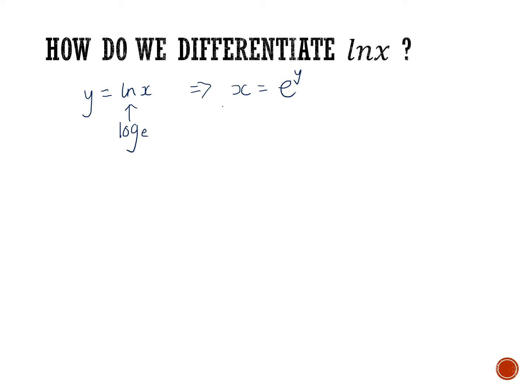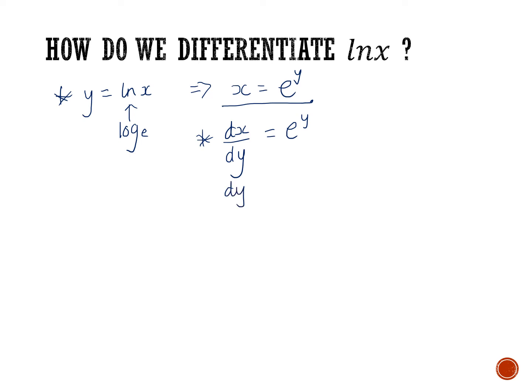Now I can differentiate this, because it's x equals a function of y. When I differentiate, I get dx dy. It's just the letters are changed round, but it's exactly the same as what we've already done. We know if I differentiate e to the y, I get e to the y. Now my original function is y equals, so I want to find dy dx. Well, have a look at this that I've got here. Dx dy is the same as 1 over dy dx.